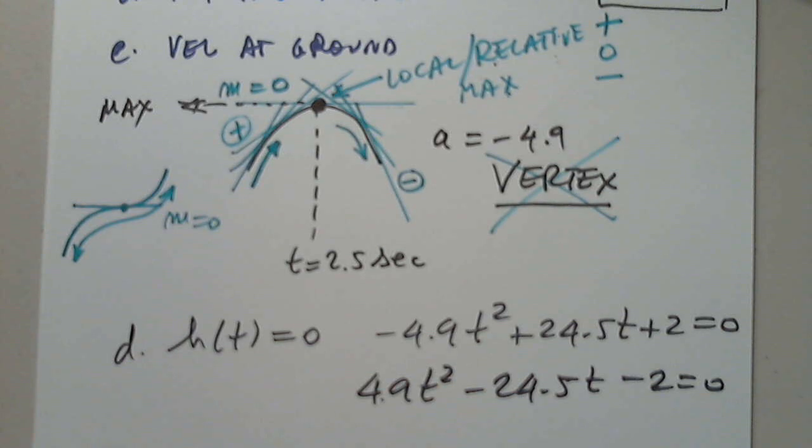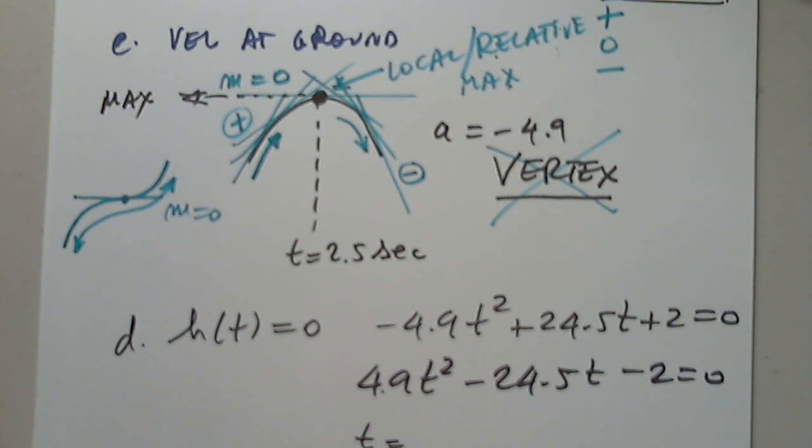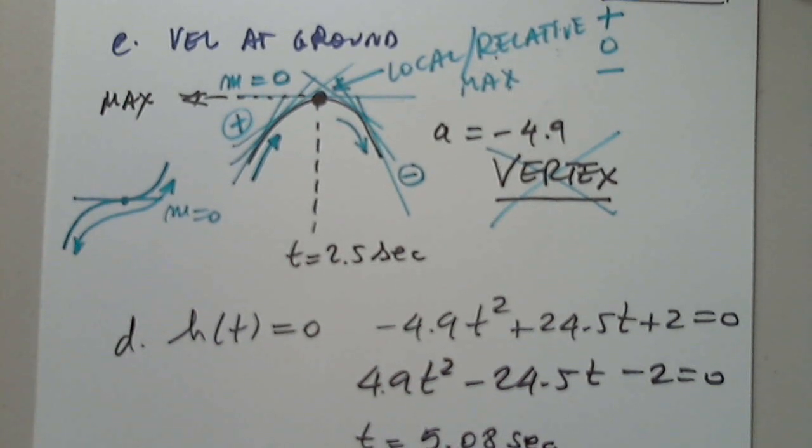So I will disregard the first one. Why would I disregard the first one? Because time cannot be negative. So 5.08 seconds. A question from the audience: why is 4.9 not negative in the equation?